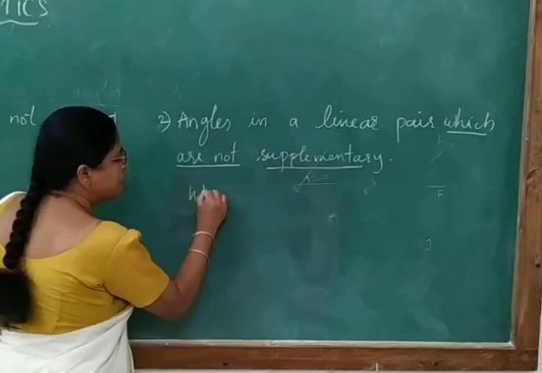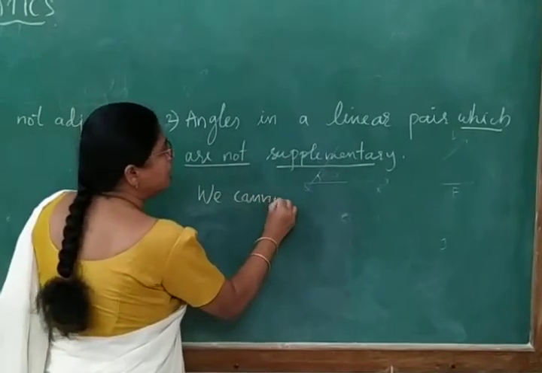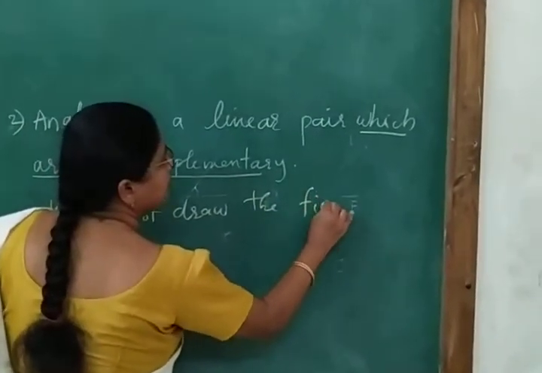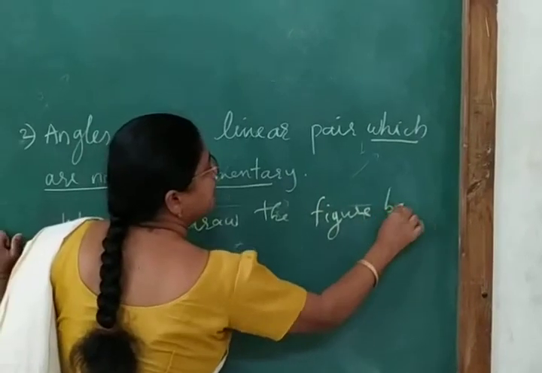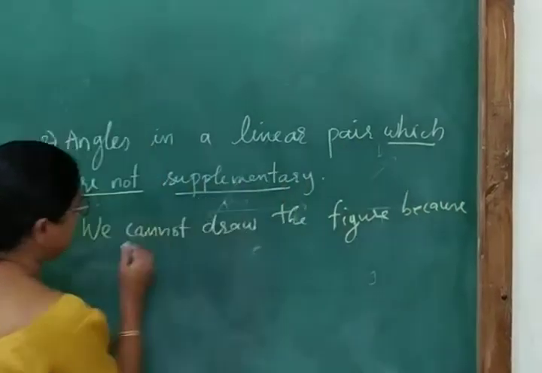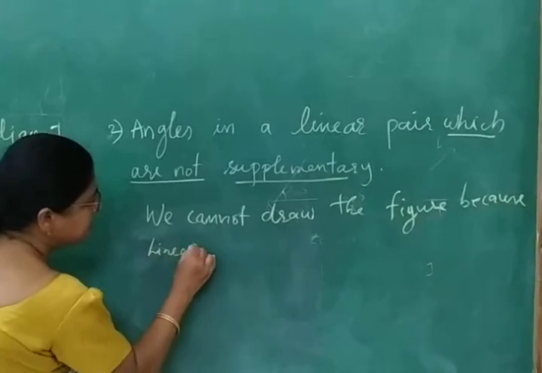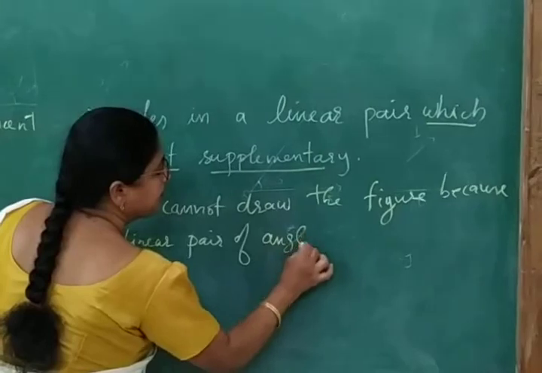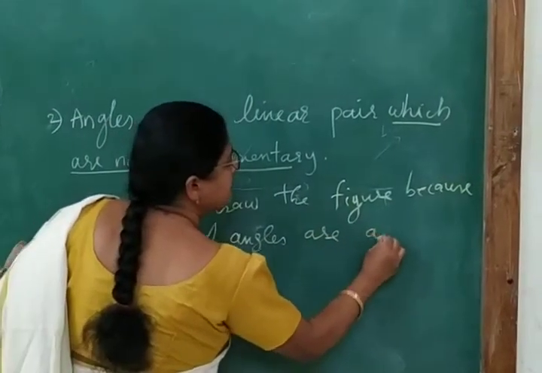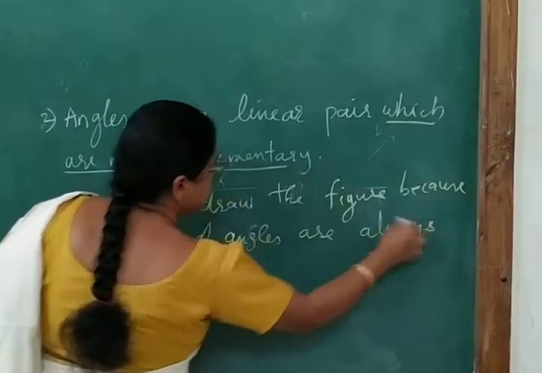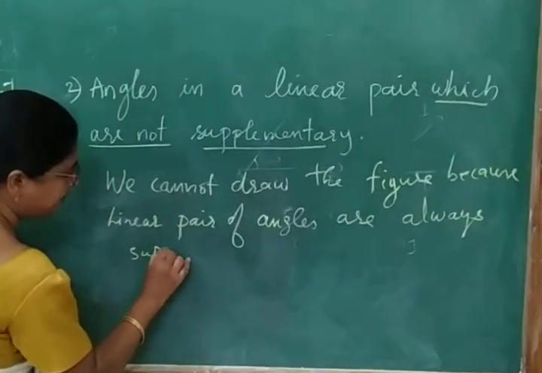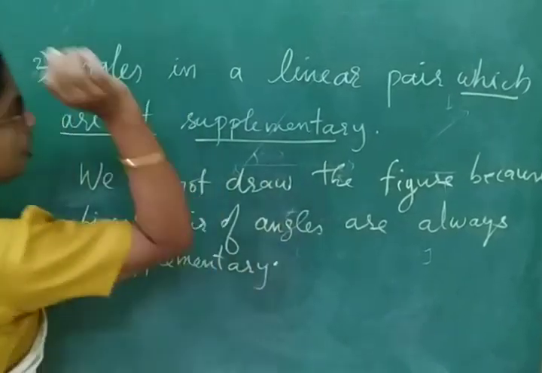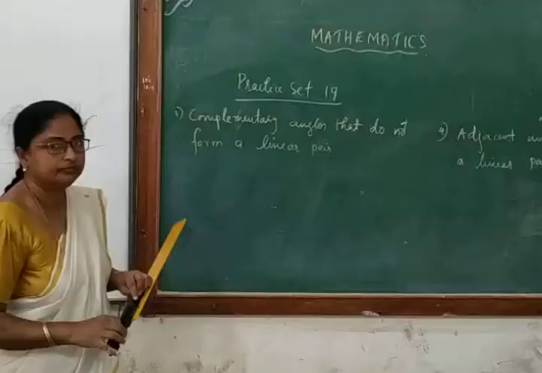So here you can write, we cannot draw the figure because linear pair of angles are always supplementary. So the reason also told.